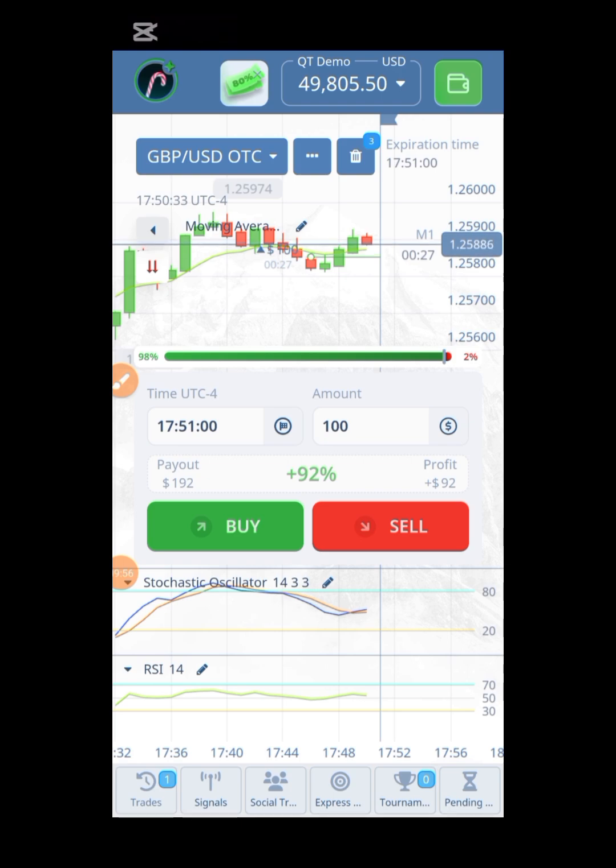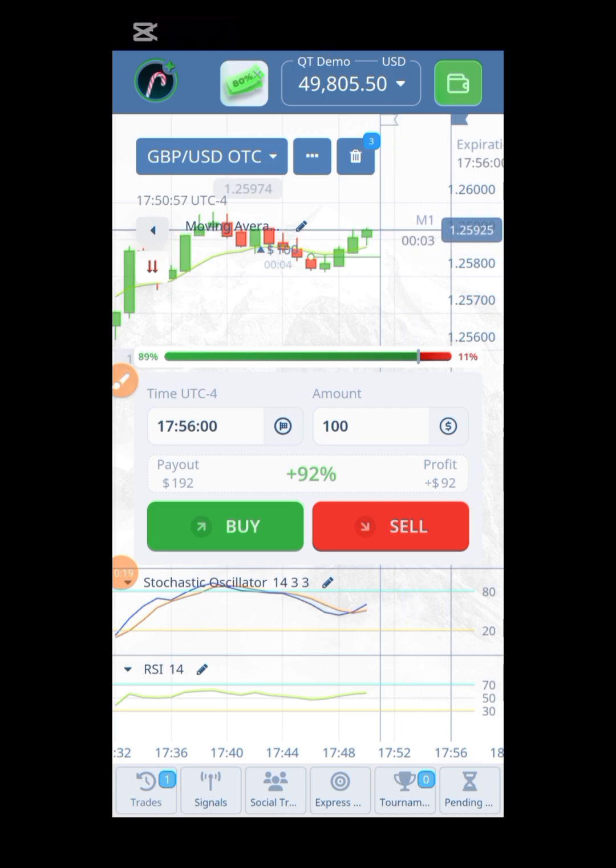You see how volatile it is. It is coming down. If the market is volatile, you will lose your finance. That is why you need very strong indicators. You need technical skills to be able to make profit when you migrate from the demo account to the real account where you are investing with real money.